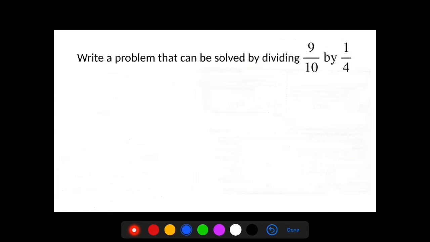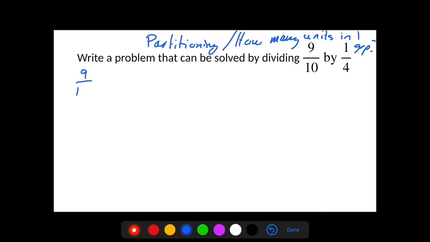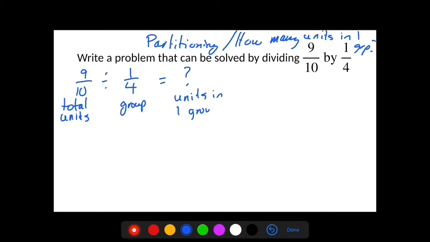Let's say I chose the other perspective of division. Let's say that I went with a partitioning, or how many units in one group. So I have 9/10 divided by 1/4, 9/10 total units, 1/4 of a group, and my question is going to be how many units in one group. Now here it can be helpful to think about rates.